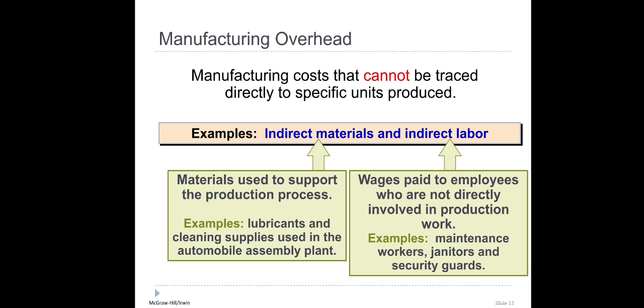For this car manufacturer, in the factory that they use to produce the car, the business uses things like lubricants when the business maintains the machine, and cleaning supplies when the business cleans the factory, etc. These materials are costs to the business, but these materials are not used to produce the car.